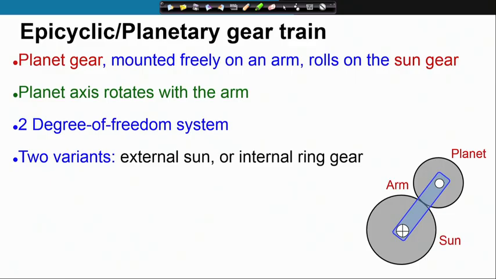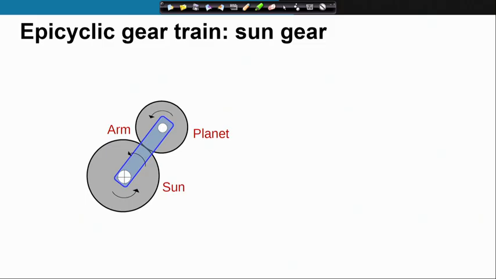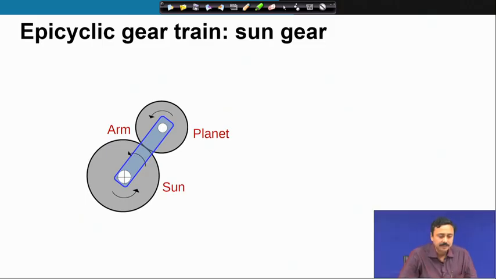Now, there are 2 variants as we will soon see. We have an external gear which is the sun, or an internal gear which is a ring gear. Here is an epicyclic gear train with a sun gear.